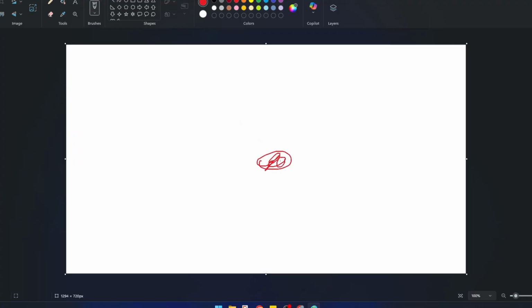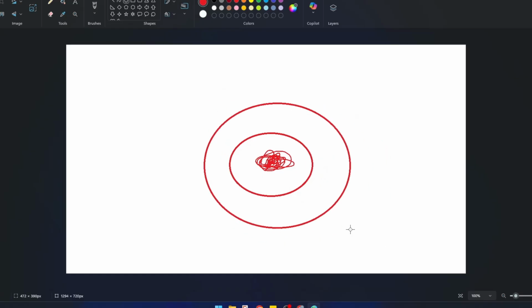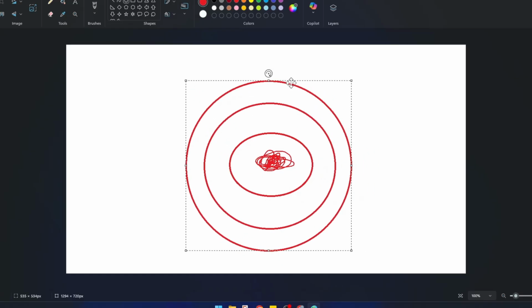So you have your nucleus, that's your nucleus, and then you have your orbitals, right? So this is your n equals number, remember? And then what happens is that you have your valence electrons on the outside, like this, right?